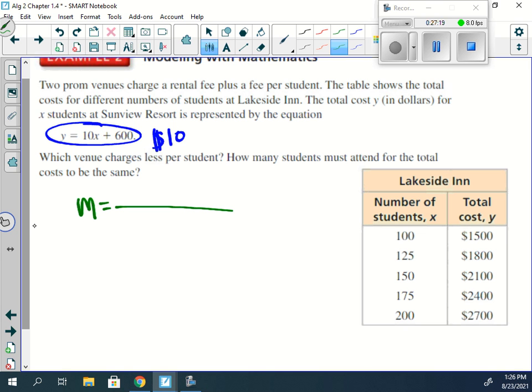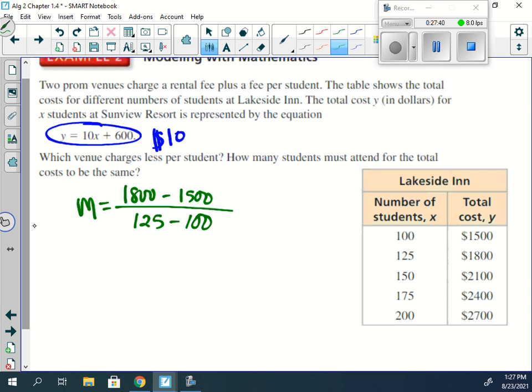So our slope formula is what? Y2 minus Y1 over X2 minus X1. So we could say 1800 minus 1500 over 125 minus 100.